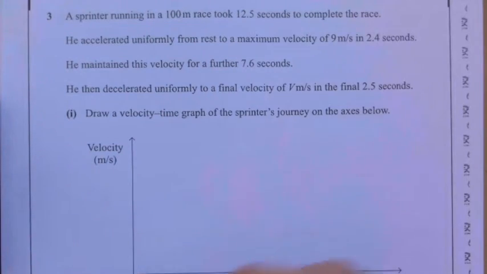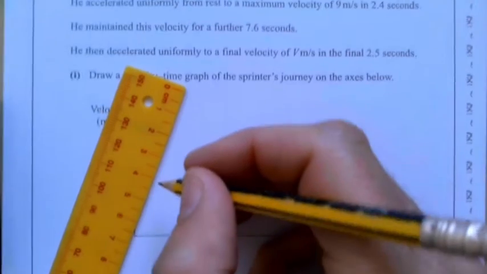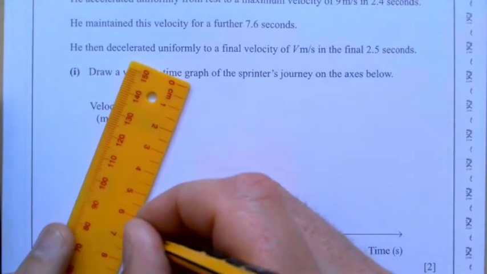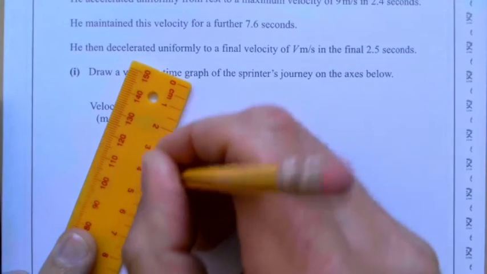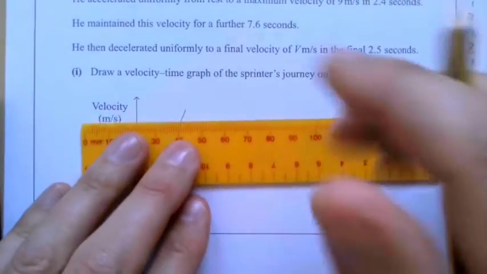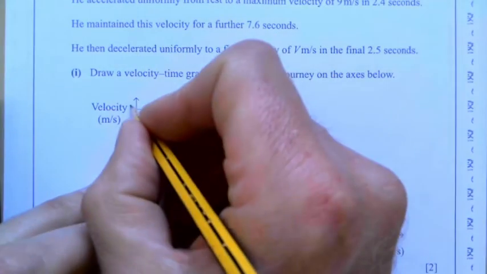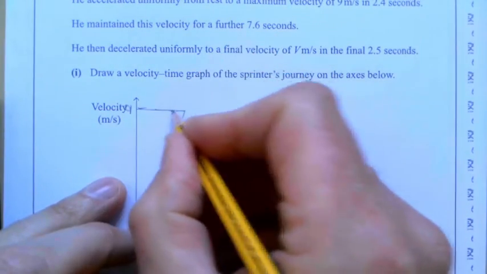So he started from 0 and went up to 9 in 2.4 seconds. So something that looks like this, obviously acceleration, and you can see the gradient heading up like that. And we would want to mark that off as a 9, so we know it's a 9 there. We should really have done a dotted line there.